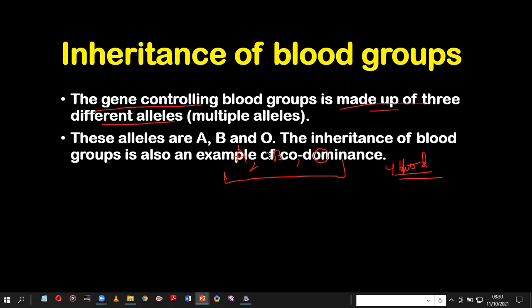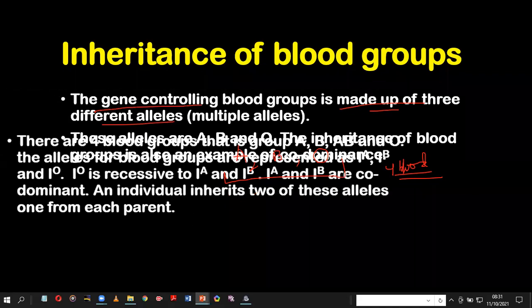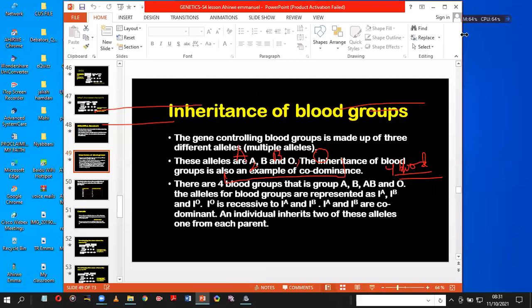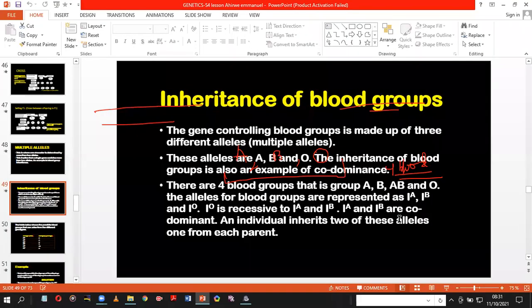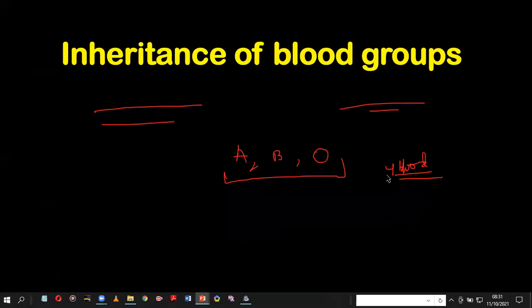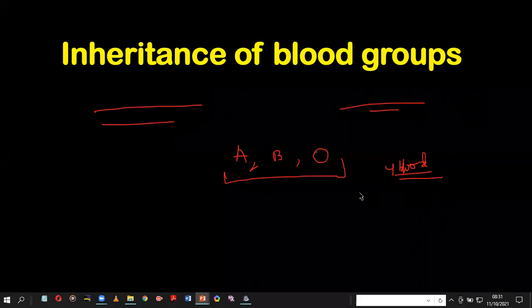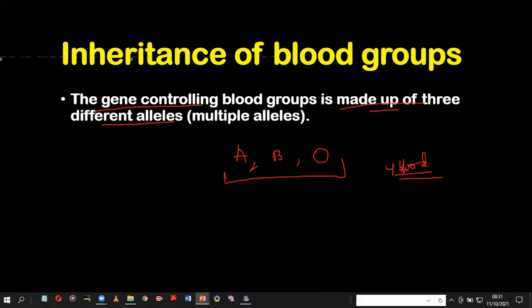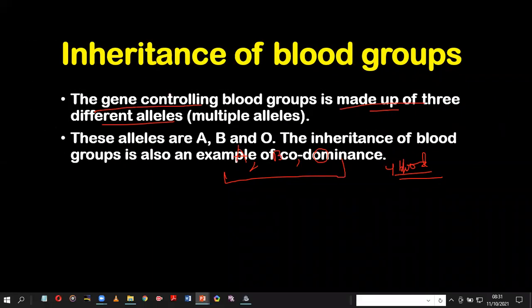Can somebody tell us why codominance? You have just 1 minute to say that. You tell us why it is an example of codominance in the chat box. Yes, you have just 1 minute.